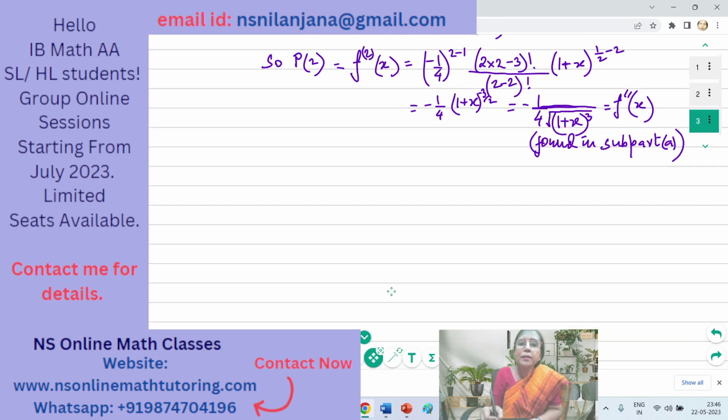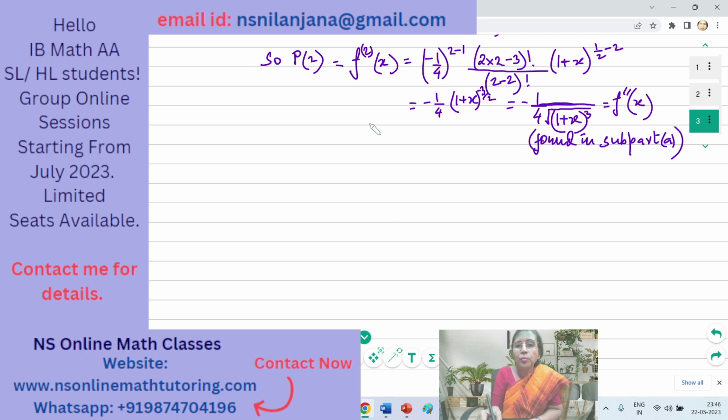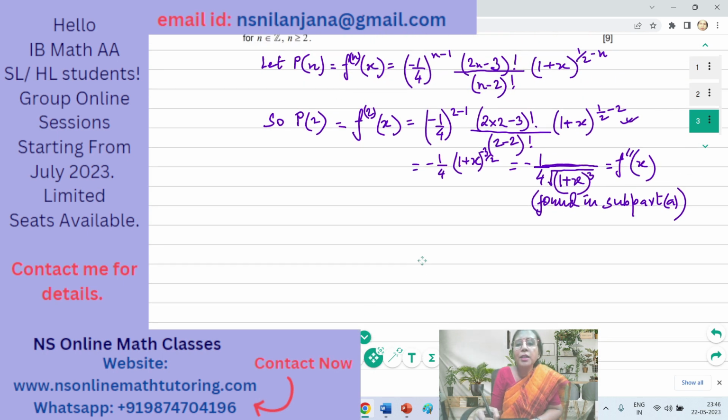So therefore, if P of 2 is true, because this is the first expression, this expression we have got just by substituting 2 in the place of n wherever we are having n. This is the given expression in the question.